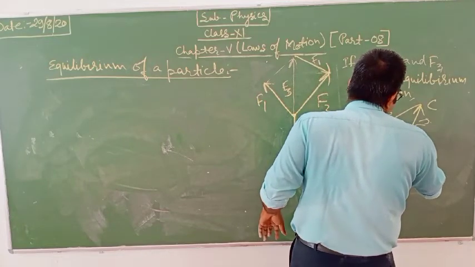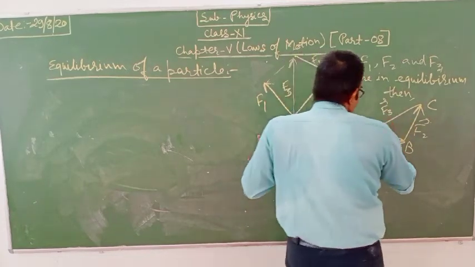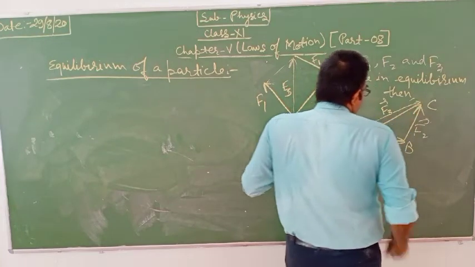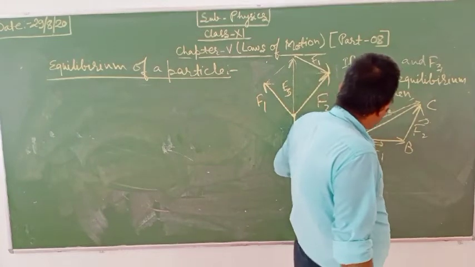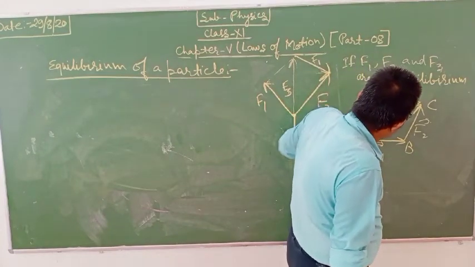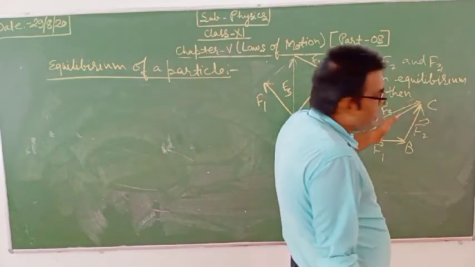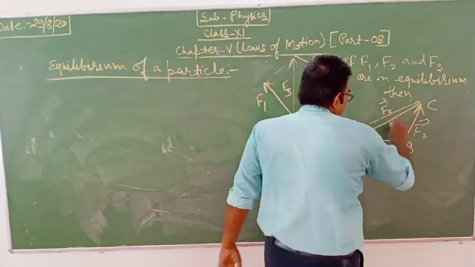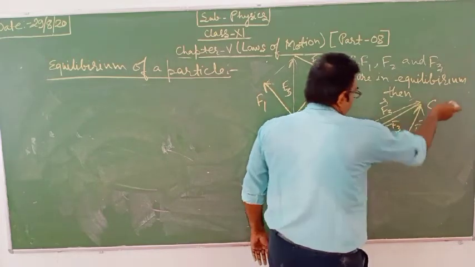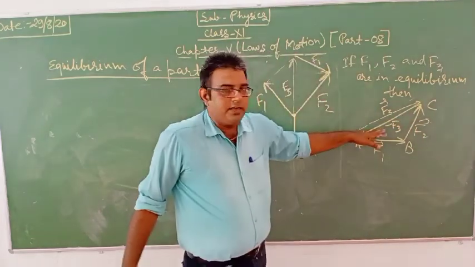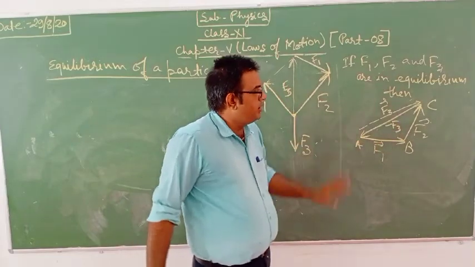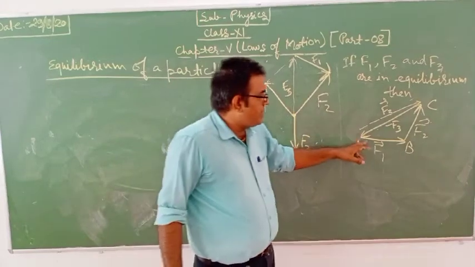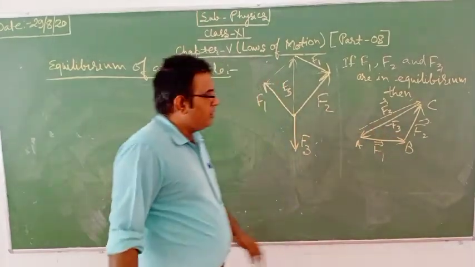If F1 and F2 are in this way, then we can draw their resultant by taking the side of the triangle opposite to this. But since they are in equilibrium, we have drawn its reverse, that is minus F3, and so it can be represented by the closed triangle. So if three forces are in equilibrium, we can represent them by the sides of a closed triangle.